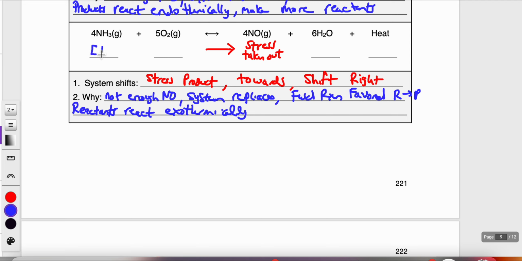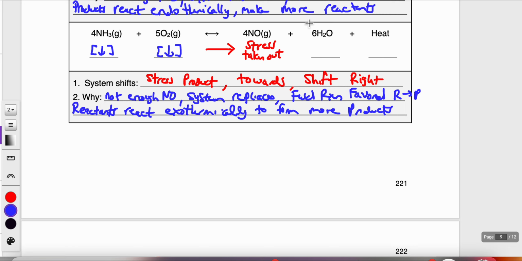So their individual concentrations are going to be decreased. But remember, the N, the H, and the O, those elements don't disappear from the system. We see them in their new partnerships in the products, the formulas on the product side. So the reactants react exothermically to form more of the products.